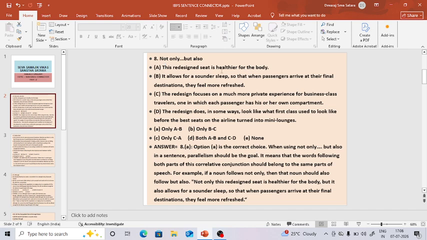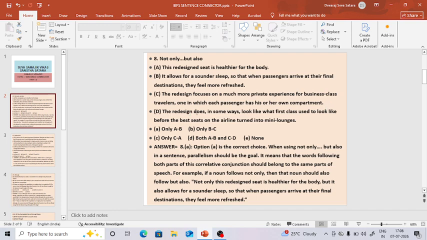This redesigned seat is healthier for the body. Second sentence: it allows for a sounder sleep so that when passengers arrive at their final destination, they feel very refreshed. The redesign focused on a much more private experience for business class travelers, one in which each passenger has his or her own compartment.